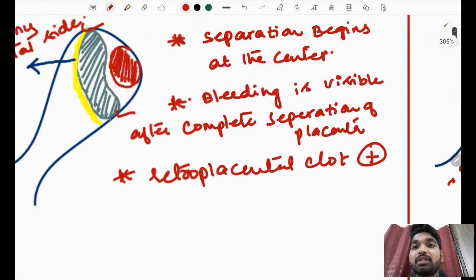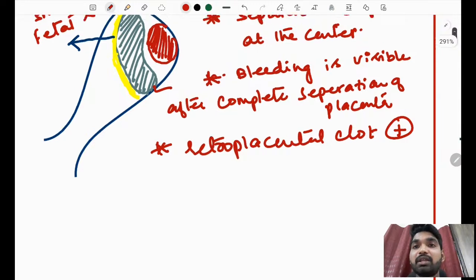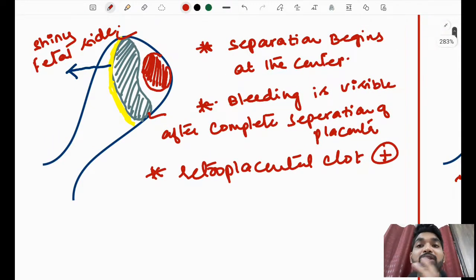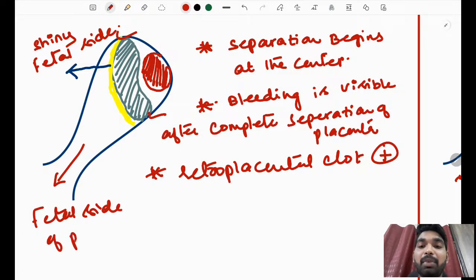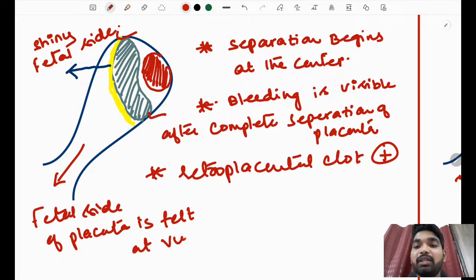And see, now come to the Schultz method. Once the placenta gets completely separated in the uterus, the fetal side of the placenta is felt at the vaginal opening, that is the vulva.